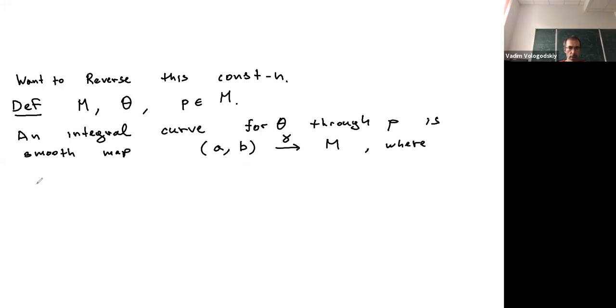And so A and B here, it's an interval in R, and I assume that it contains 0.